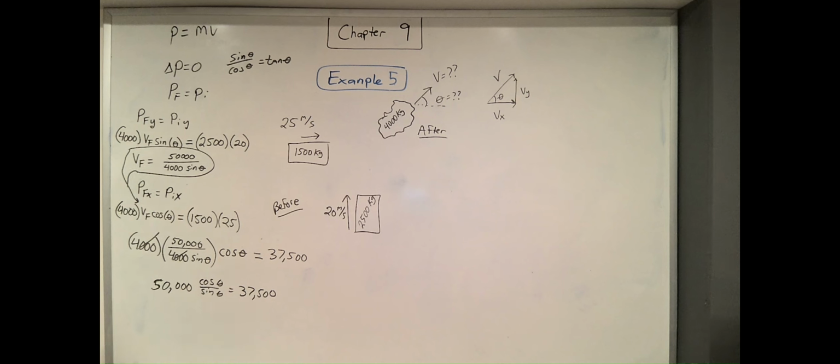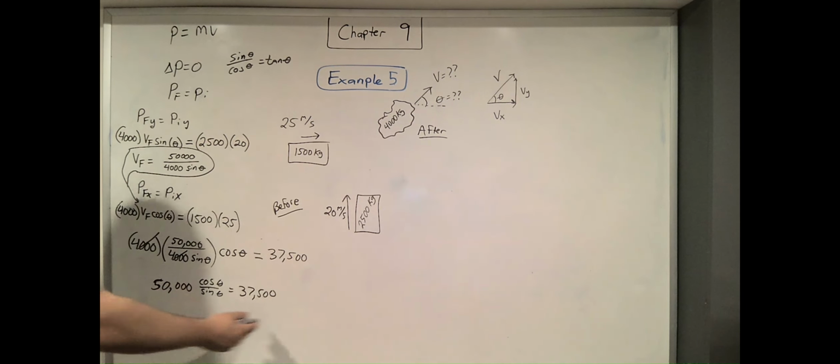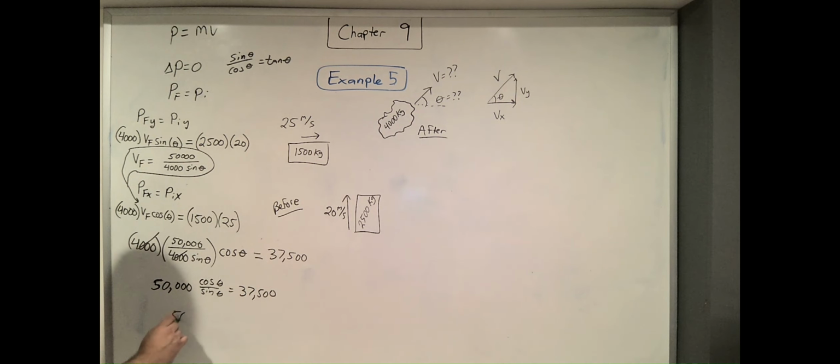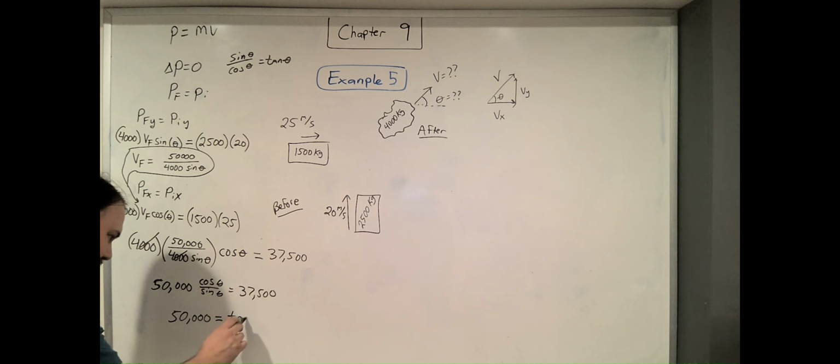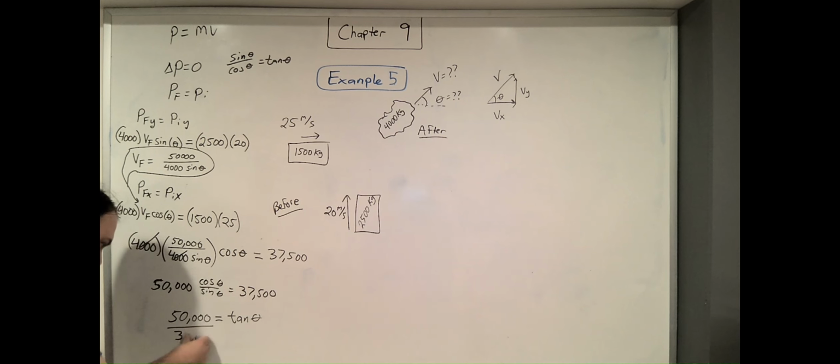So that means I'm going to have 50,000 is equal to tan theta, because I did the flip, and I'm actually going to divide this on the other side as well. So again, just algebra. I'm hoping that at this stage of the course, your algebra is okay enough where we can do that.